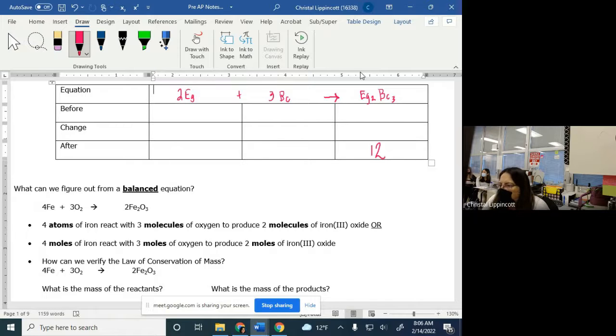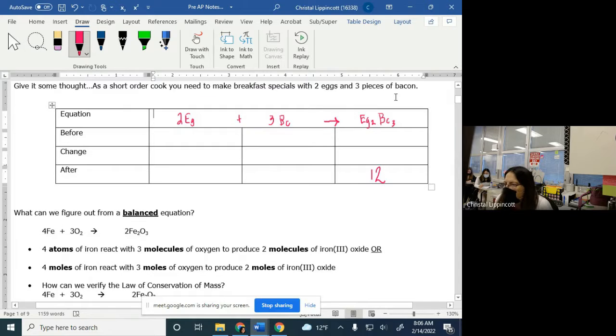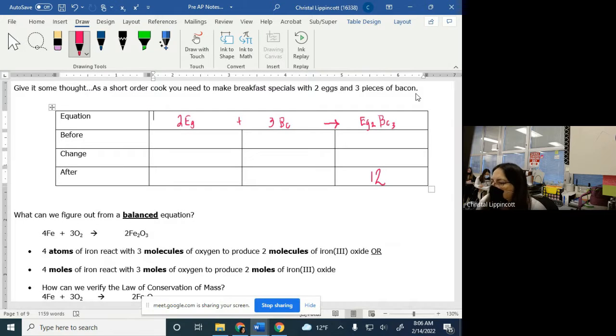That's nice. All right, so we can use our stoichiometry to figure out how much of these things we need to start with to be able to make 12 breakfast specials. Like I was telling you last week, we start with our number here. If we know our products, we go up into the cloud. When we go into the cloud, we go through the coefficient, which means we divide. So 12 divided by 1 is 12.